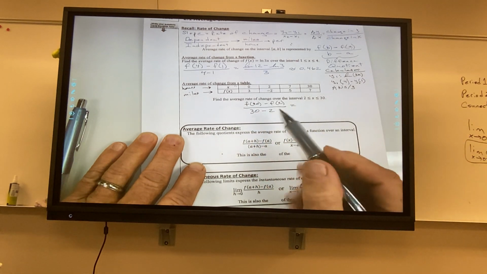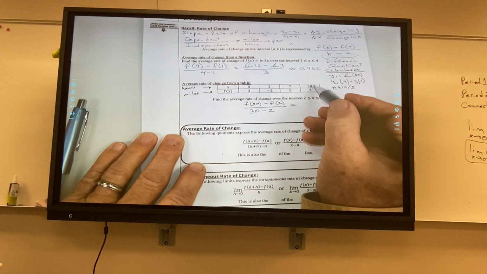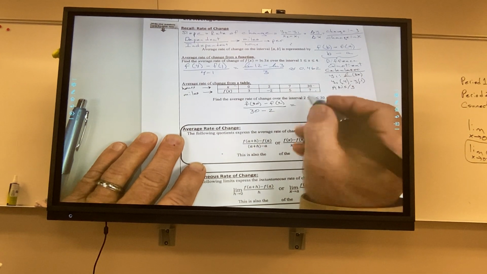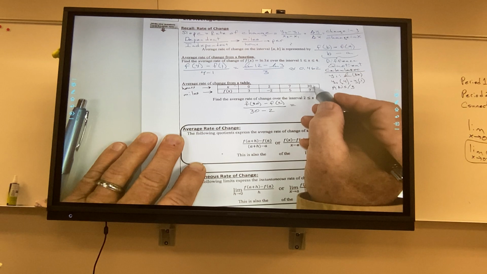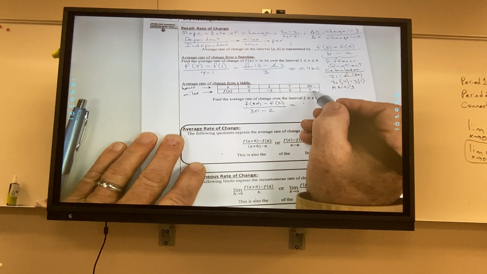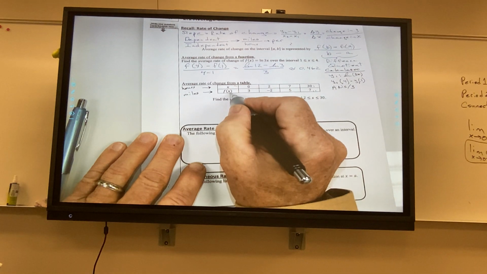If I look at f of 30, right here is my 30, this is my y value. What some people do by mistake is they put 30 up here. This is my y value that's computed by this function.